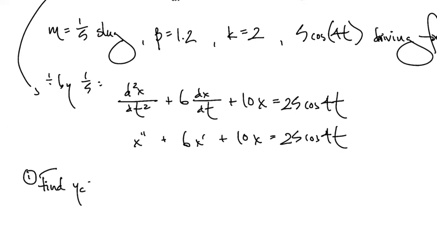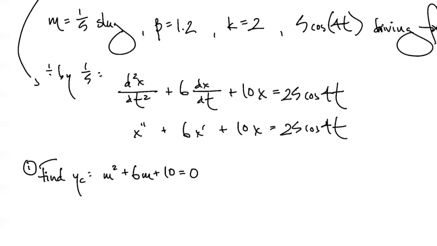our y sub c. All right, so that is the associated homogeneous equation, and we're going to get m squared plus 6m plus 10. You could use r, either one is fine, equals 0. Let's plug everything in. We're going to get m equals -6 plus or minus the square root of 36 minus 4 times 10 is 40, over 2.